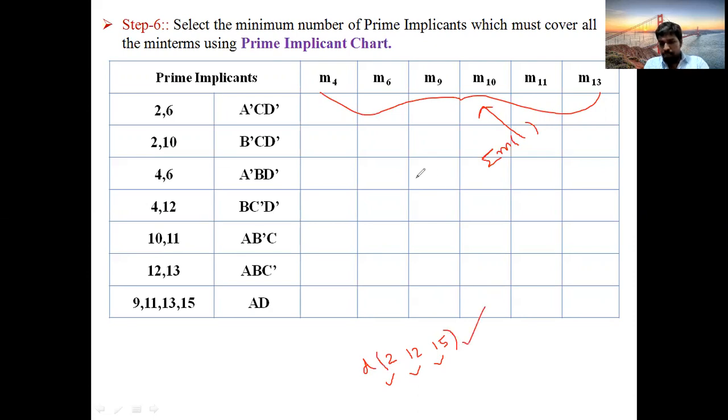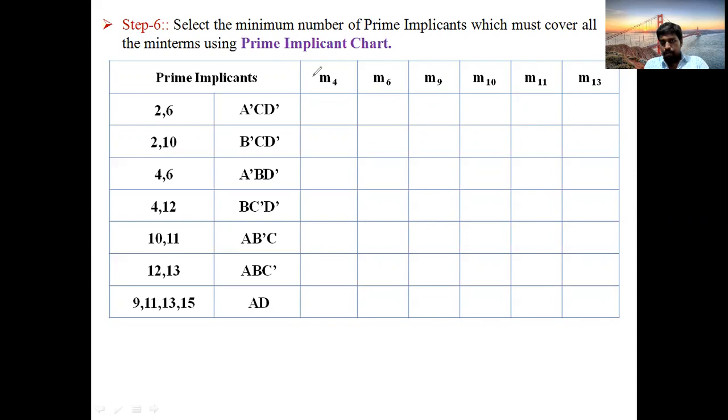That is the only difference between the previous question and this question. Whenever you find a D of some cell numbers, these cell numbers should not be written in the prime implicant chart. Very, very important point. Please remember this. Clear? That's why I skipped M2, I skipped M12, I skipped M15. The remaining I wrote as it is.